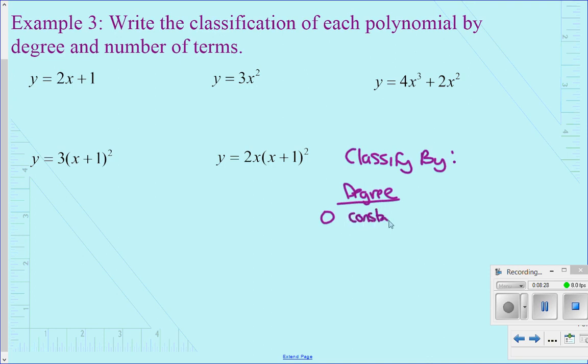That's that number on the end. Like this, for example, that 1 on the end, that's called a constant because it's 1 times x to the 0 power. So the degree of that is 0. So that would be called a constant.